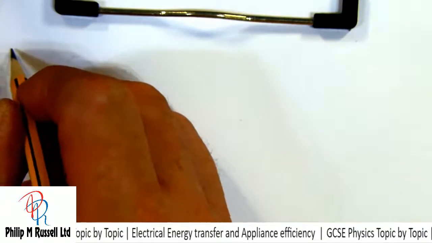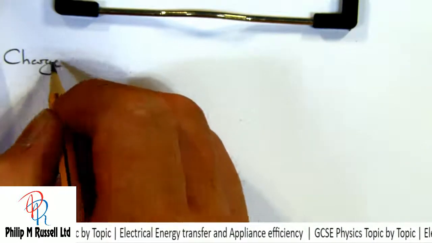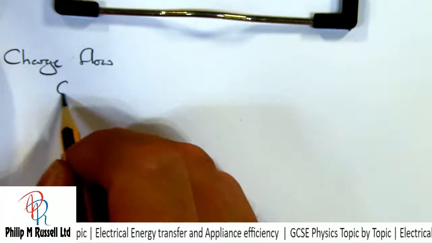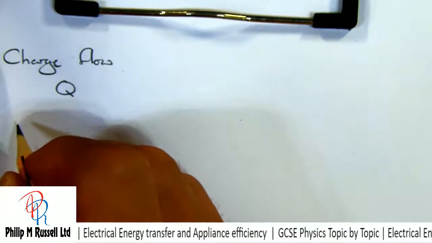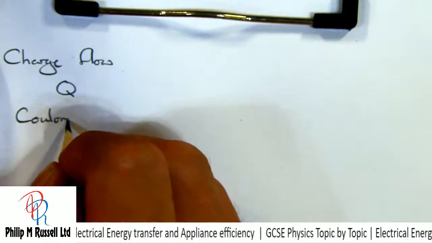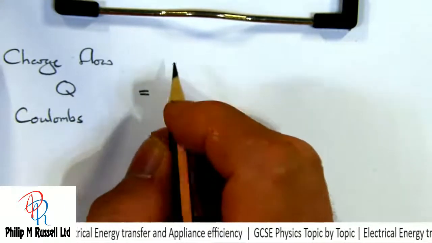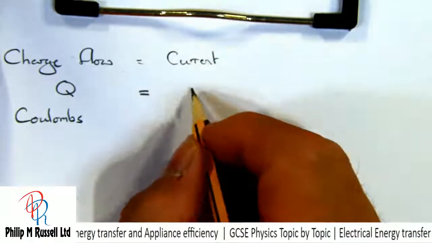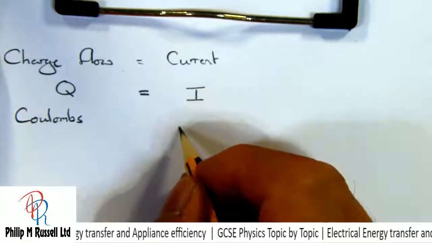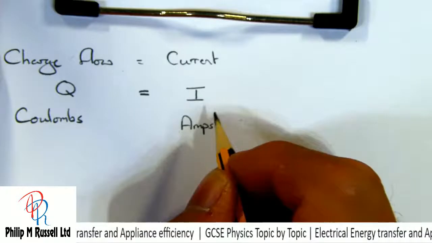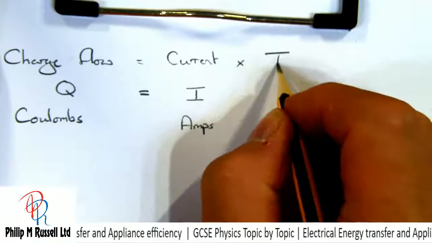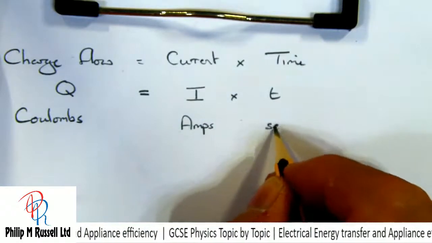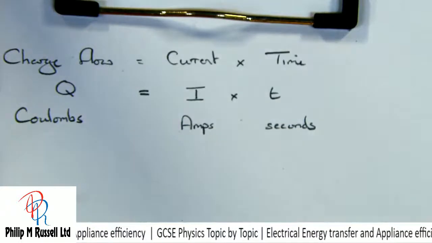We know that the charge flow, and this has got a lovely letter in physics, it's Q, and it's measured in something called coulombs, and this equals the current, which we have the letter I, measured in amps or amperes, times time, which will give the letter T, and this is, as usual, measured in seconds.